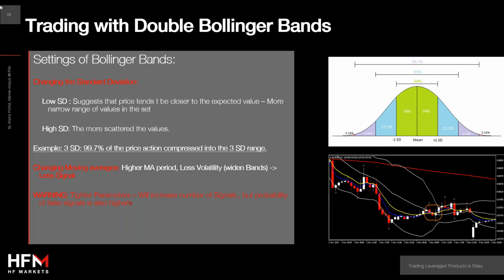For example, a low standard deviation shows us that the prices tend to be close to the mean, to the average price, while a high standard deviation shows us that the prices are spread out over a wide range of values.